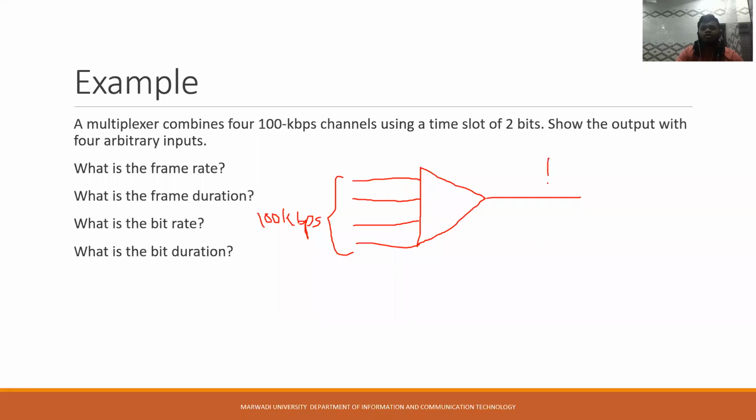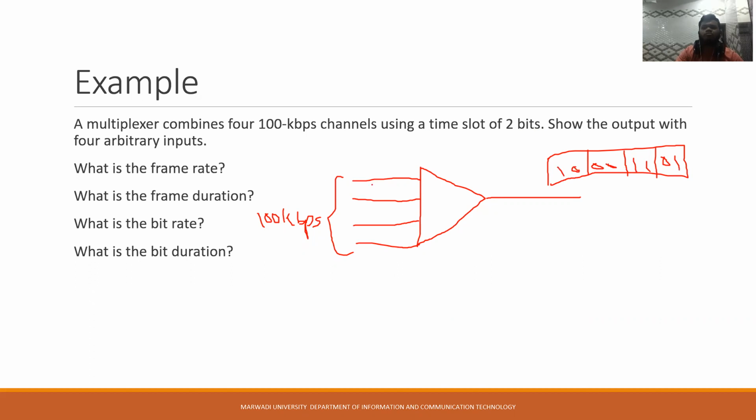So we would have a frame something like this. We are having 4 connections, so there will be 4 parts, and each slot would contain 2 bits. Let's say, for example, 0, 1, 1, 1, 0, 0, 1, 0.